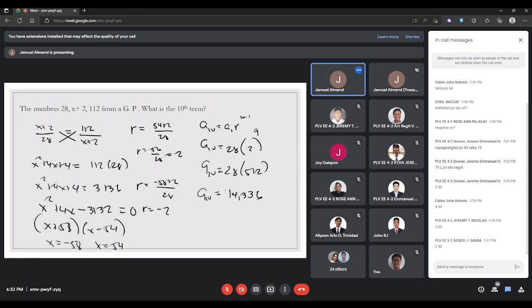Positive, negative. Kasi pag ginamit yung negative, di ba 9? Magpo-produce yan ng, kung negative 2, puproduce yan ng negative value. So magiging negative 512. Kaya pwede ring negative 14,336. Okay?